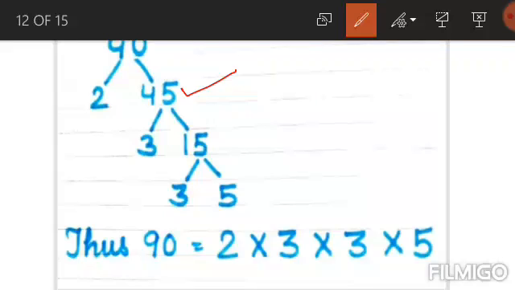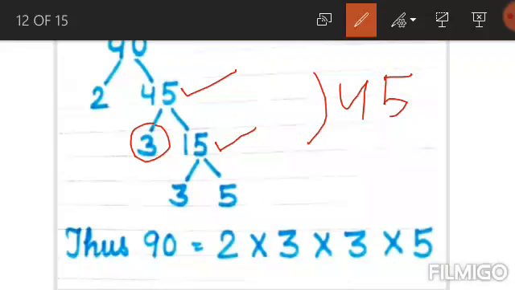And 45 is not divided by 2. Then we take next prime number, that is 3. We divide 45 by 3 and we get 15. You can take the rough place or rough page to solve the division.